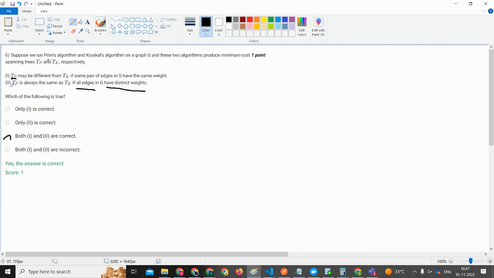I think distinct means all the weights are different. But overall, when you calculate the minimum spanning cost, it comes out to be the same, no sir? Correct, correct. You're right.